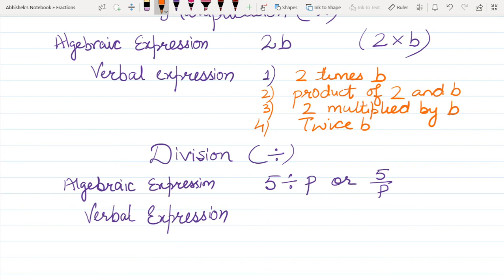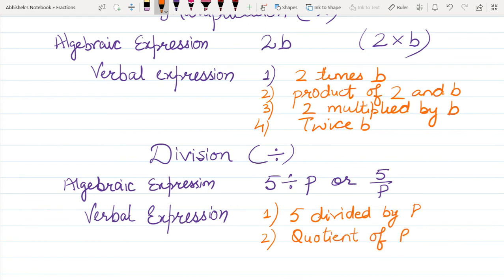First, we can write 5 divided by p. Second, we can say quotient of 5 and p.